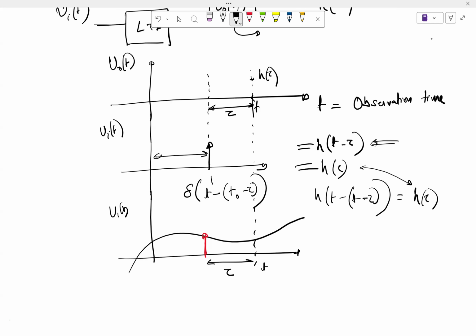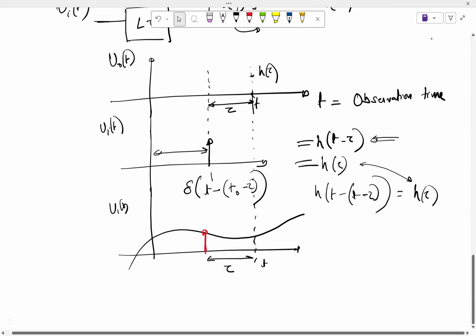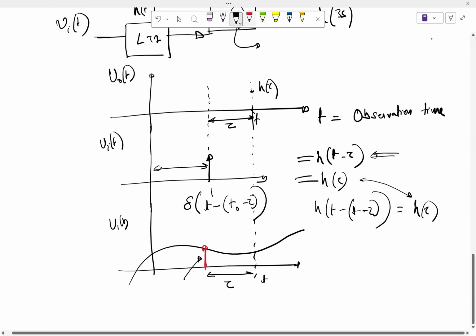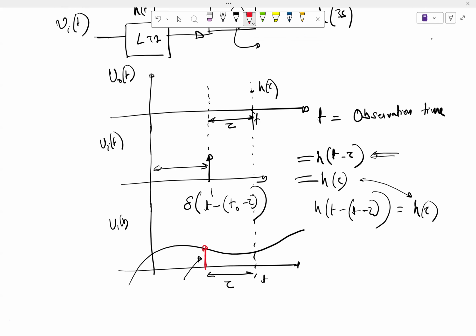So now I need to find out the strength of this impulse. What is the strength? It is x of, and what is this distance or time? t minus tau. Correct.